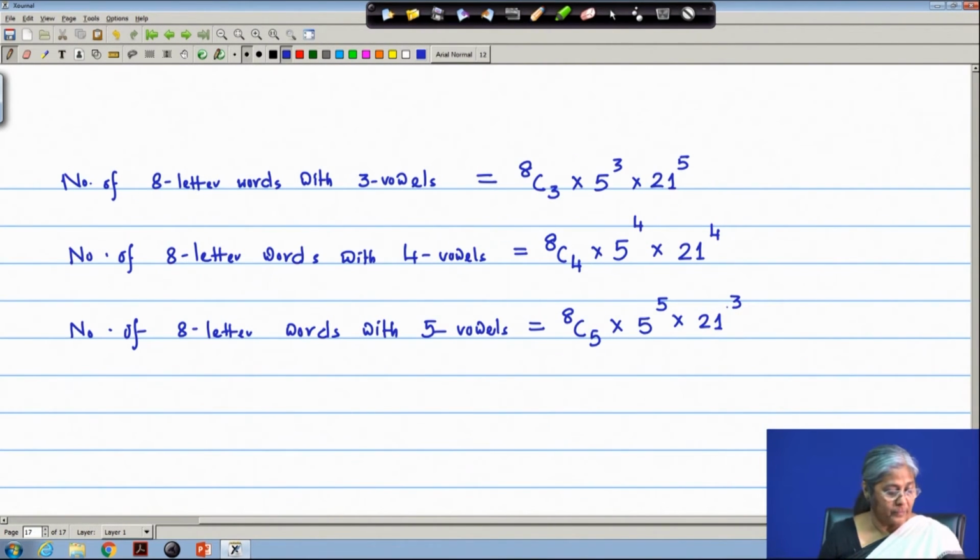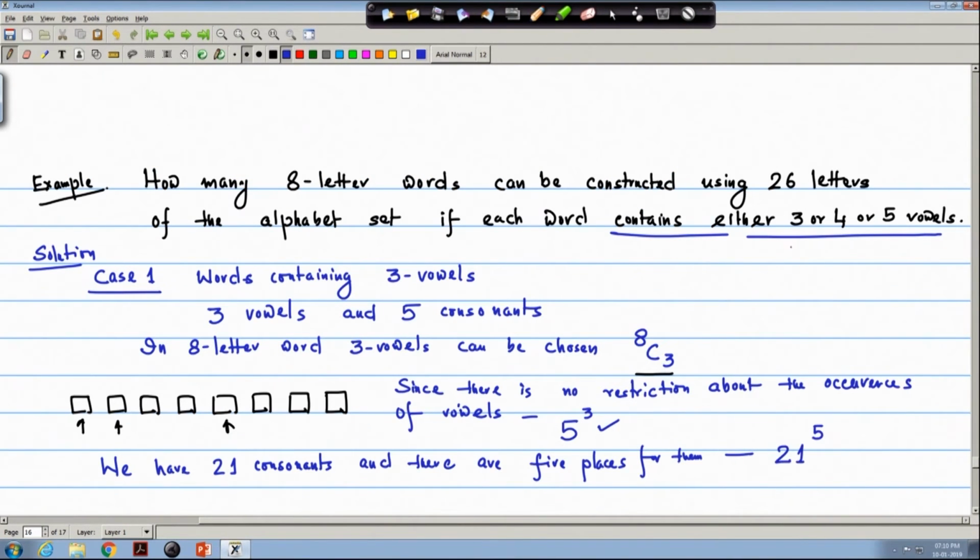Now, I have the addition principle, because my question was either 3 or 4 or 5.